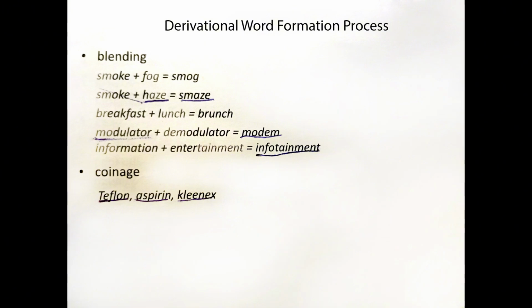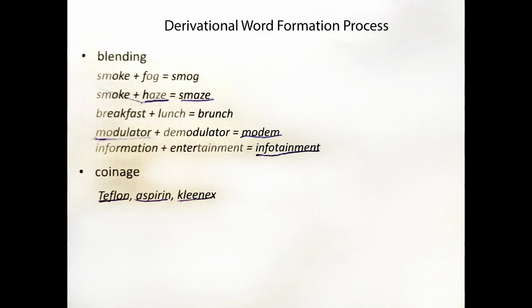The word infotainment: we cut the part RMATION from the word information, and we cut off the part enter from the word entertainment, and put the rest parts together as infotainment.